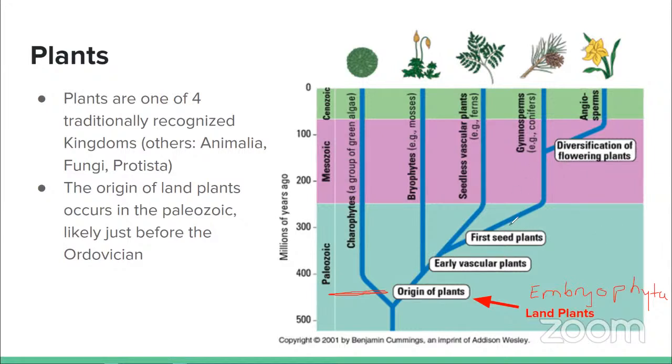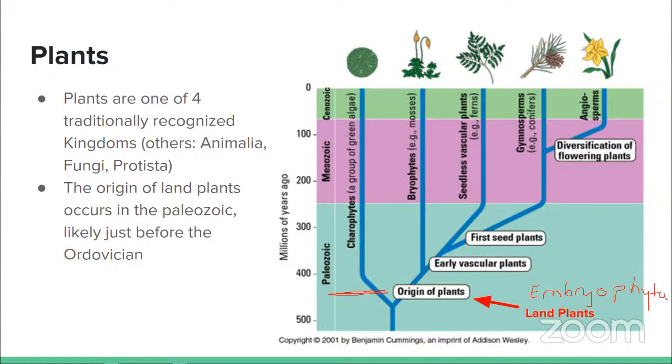Also in the Paleozoic, we see the development of seeds. Okay. These are really big changes to plants that we're seeing all in this era. And then the next major plant adaptation that we're going to talk about happens much later on, when we start to see flowering plants occur.